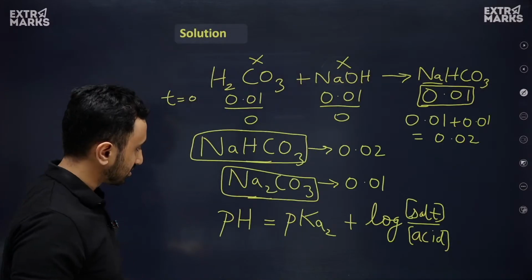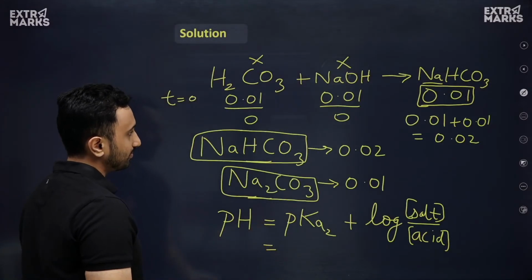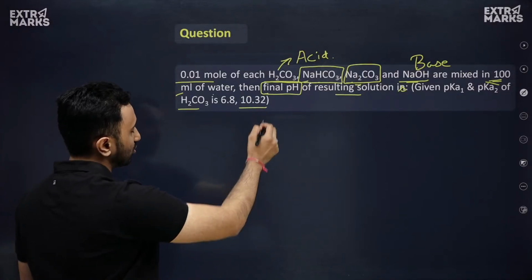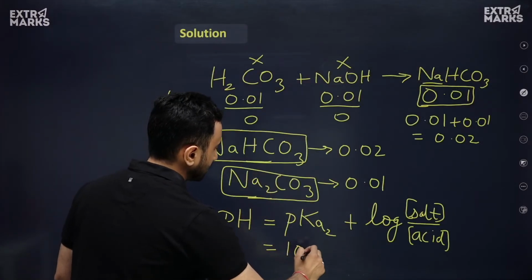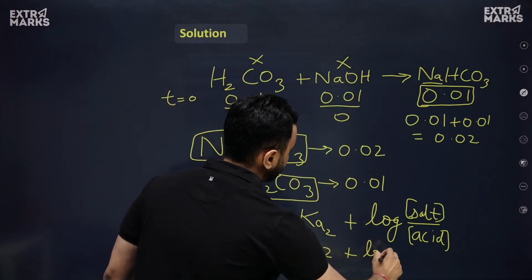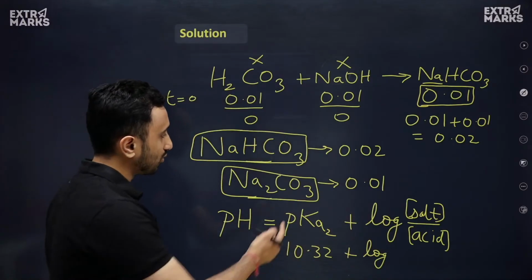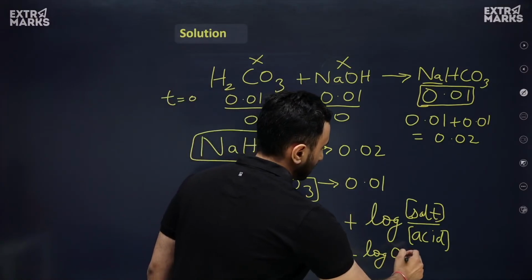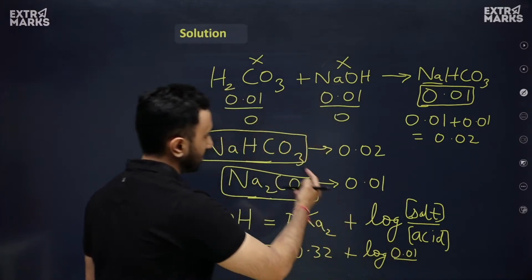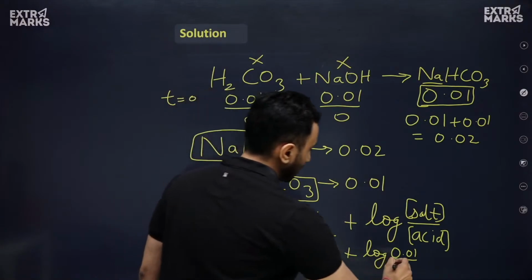It will be 100 ml, same for both of them. So let's apply this formula. Final pH will be equal to pKa2. pKa2 is 10.32, so we can write 10.32 plus log of concentration of salt, 0.01, divided by acid. Acid is our NaHCO3 part, 0.02.